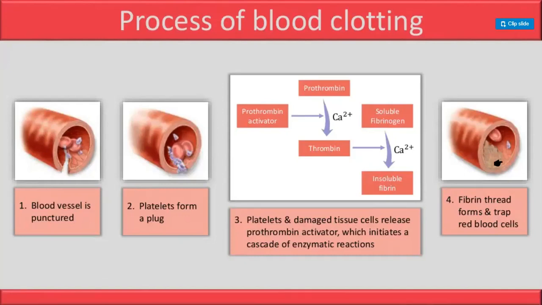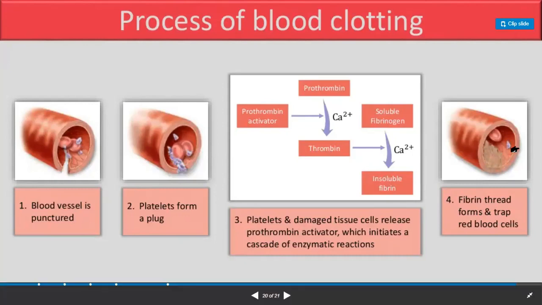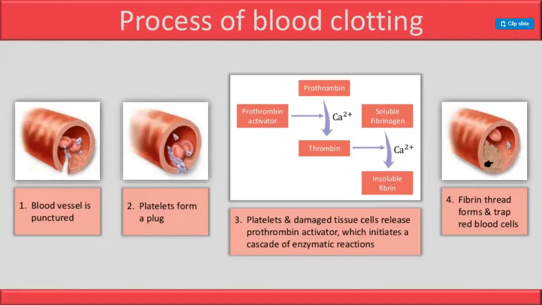So you see that mesh blocks that place so that there would not be excessive bleeding from that site of injury. So the bleeding that would have happened here will be prevented or reduced, because if we don't block this place where there is a puncture, you would lose a lot of blood through bleeding.